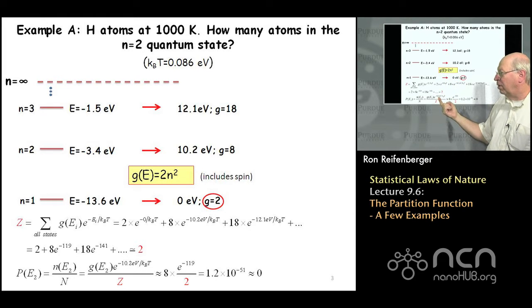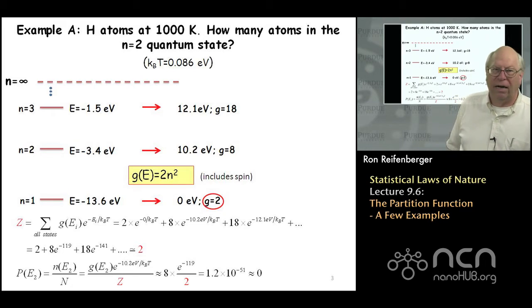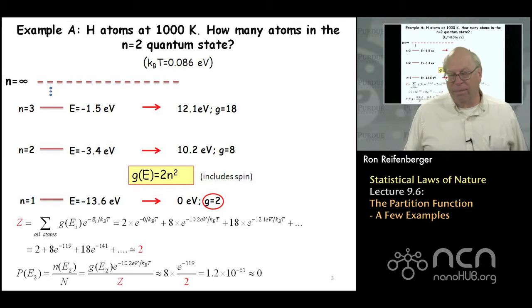That's 10.2 eV. kT, I've already mentioned, is about 0.086 electron volts. When you evaluate that probability, you find an incredibly small number, essentially 0. That's just telling you that even at 1,000 Kelvin, the probability that a hydrogen gas atom is in this first excited state is essentially 0.